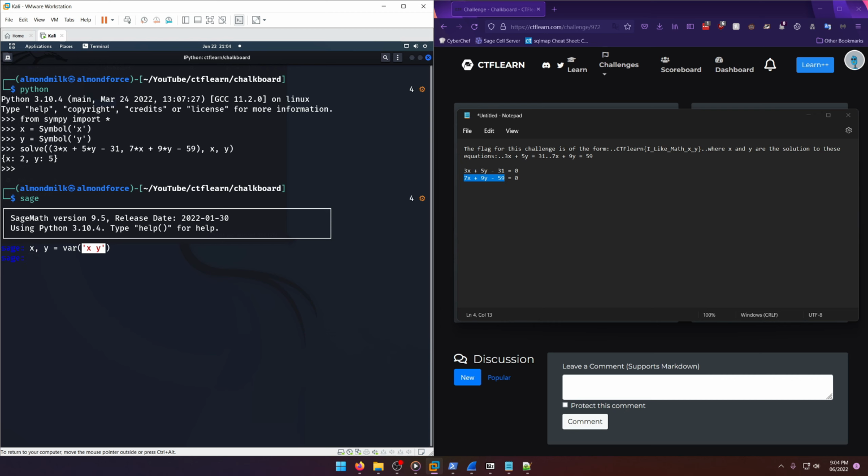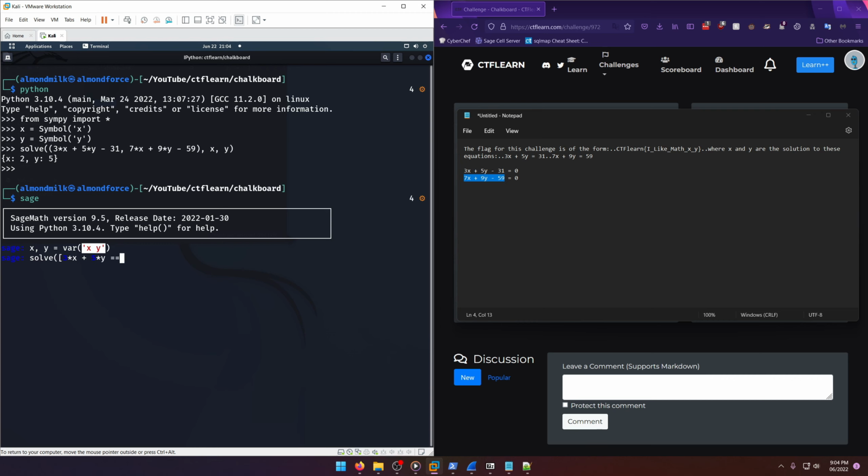And now we're going to use SageMath's solve function, but it's going to be crafted differently. SageMath doesn't care whether the equations equal 0, because you can just set whatever you want them to be equal to in the equations themselves when you're putting them in. I'll show you what I mean by that. So we're going to do 3 times x plus 5 times y. And now this is very important.